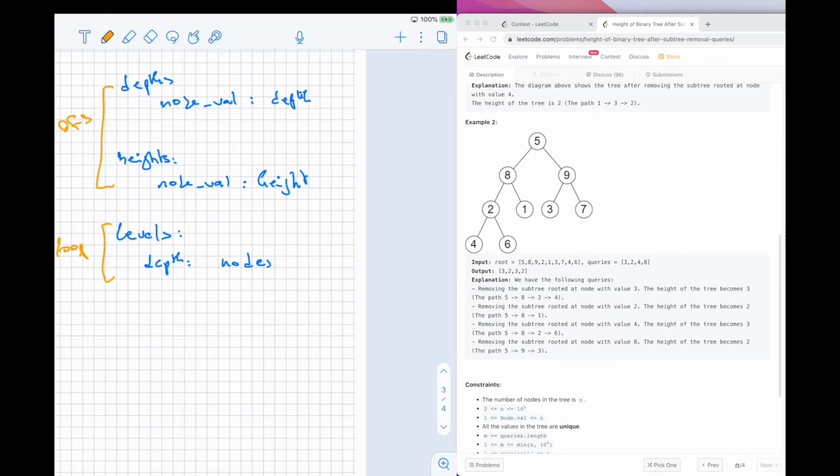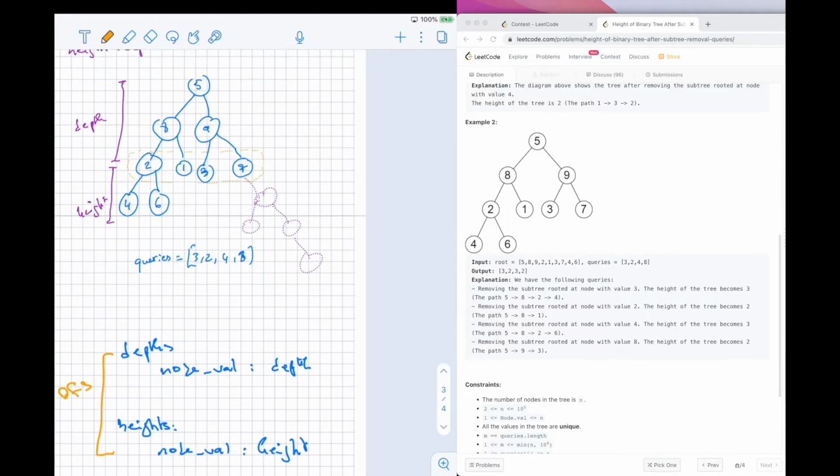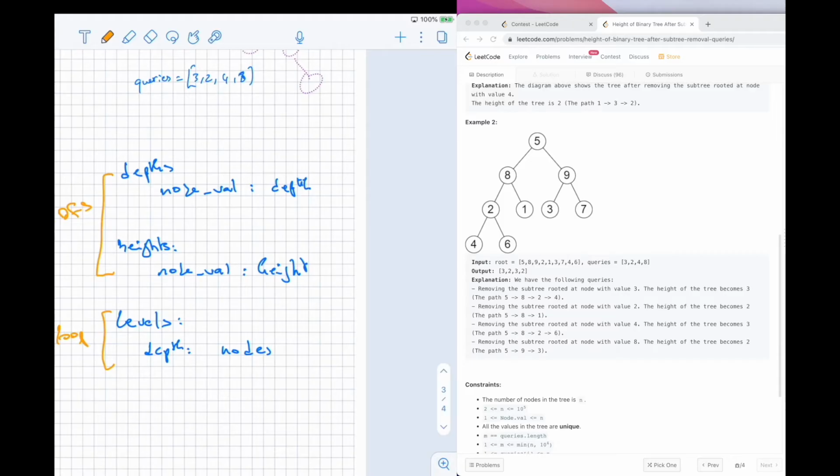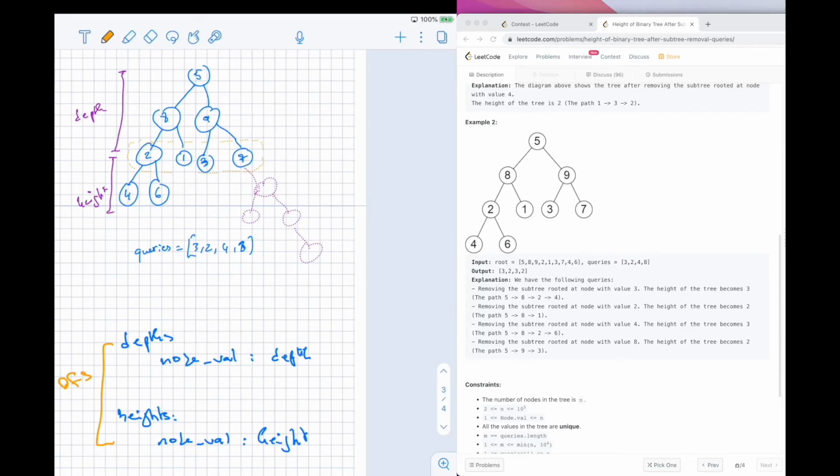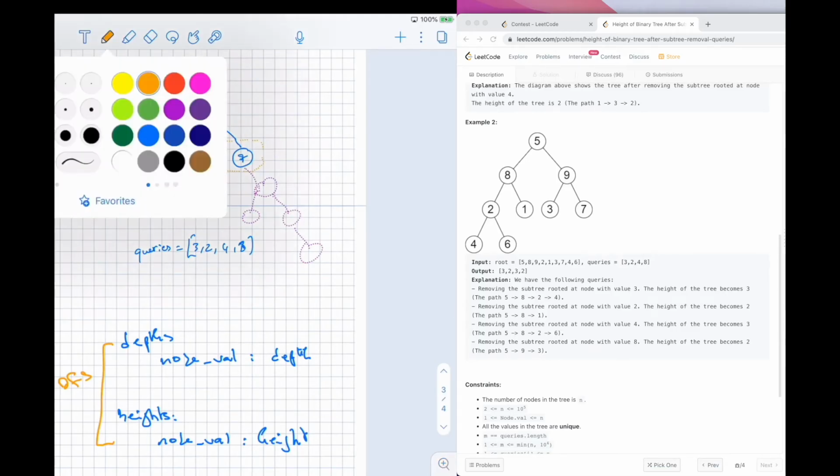Okay, so now once we have these, how can we get the new height for each query? Well, the answer becomes easy. When we are doing these levels, we just need to keep track of the two highest heights. Why is that? For example, in this case, let's add our level depth here.